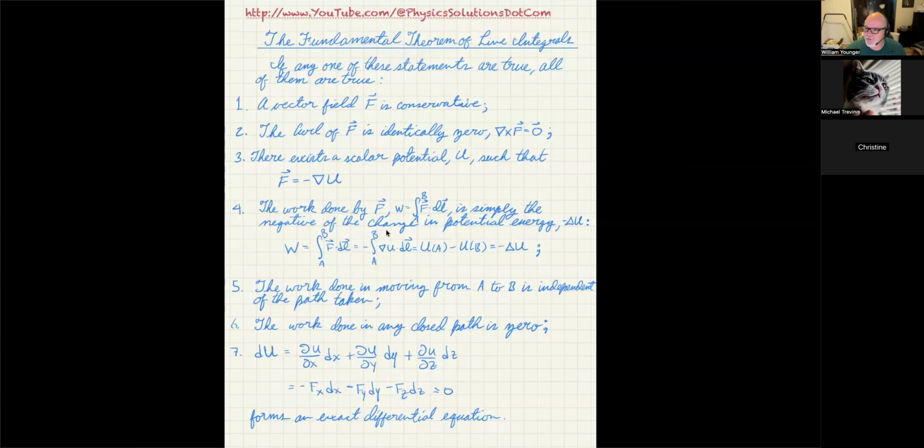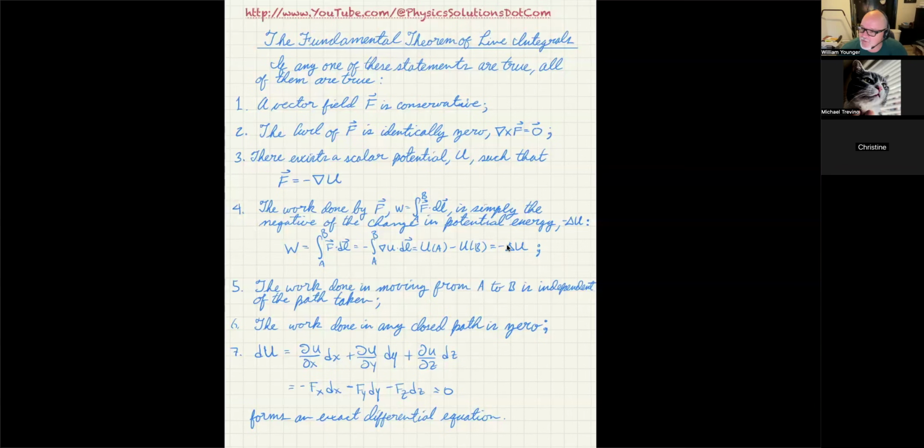You might notice that this looks like an integral of a derivative, and it is, and for that reason this is sort of like the fundamental theorem of calculus, which shows the integral of a derivative is equal to the original function. That's what we're saying here: the integral of this gradient derivative is equal to the function U evaluated at B minus the function U evaluated at A, and then times -1. So you'd have to put it in the opposite order to keep it positive, and that's what they did here. And that's equal to the negative gradient of U.